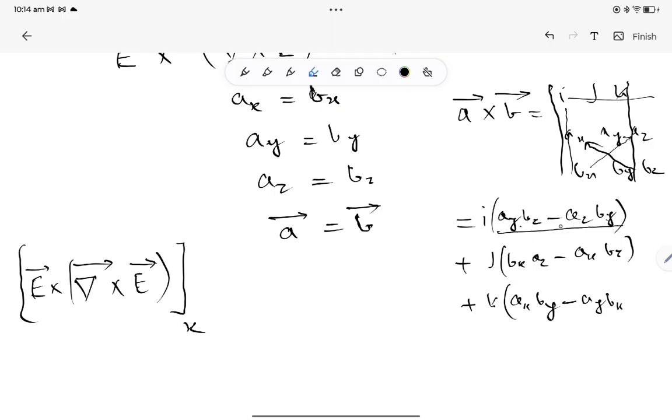So when you are speaking about the x component, the cross product yields combinations of y and z. And for the y component, the cross product yields x and z. When you speak of the z component, the cross product yields x and y.